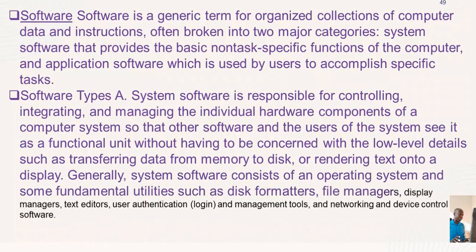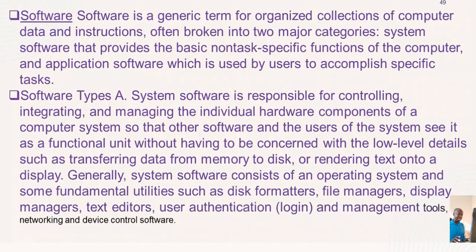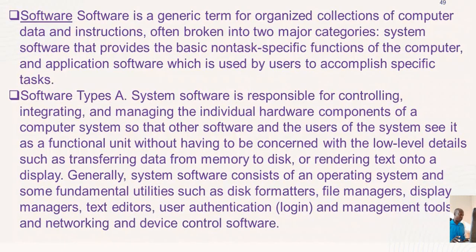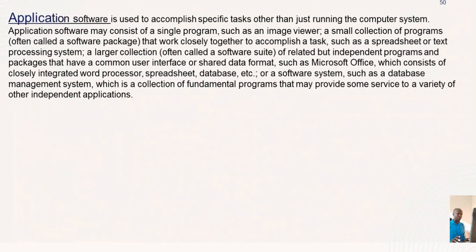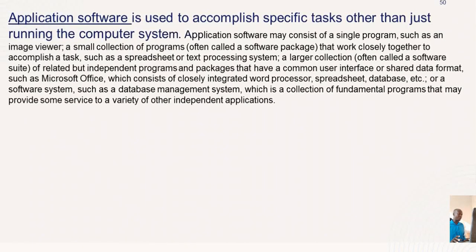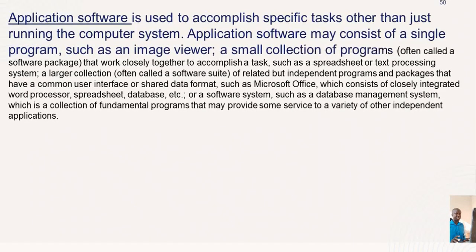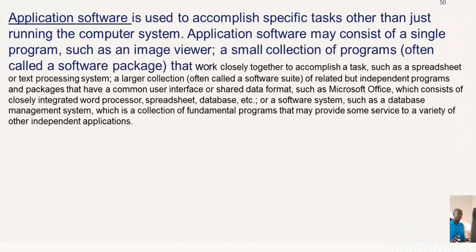System software is responsible for controlling, integrating, and managing the individual hardware components of a computer system so that other software can run. Application software is used to accomplish specific tasks other than just running the computer system.